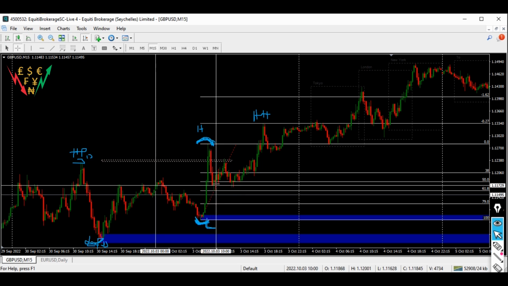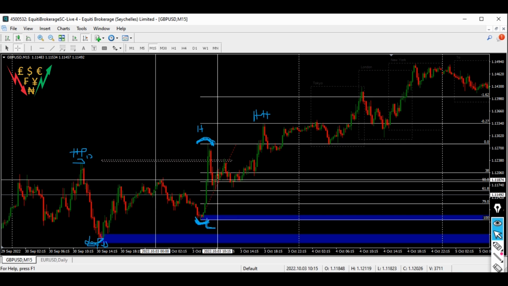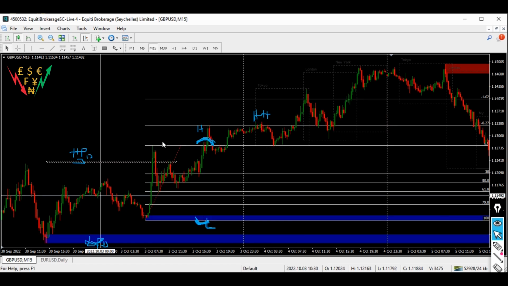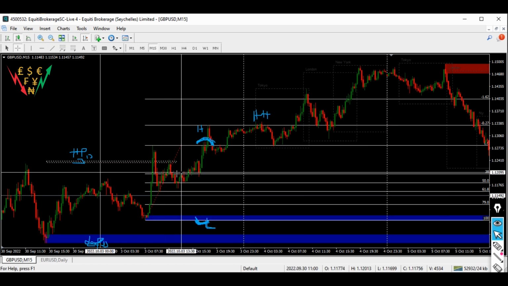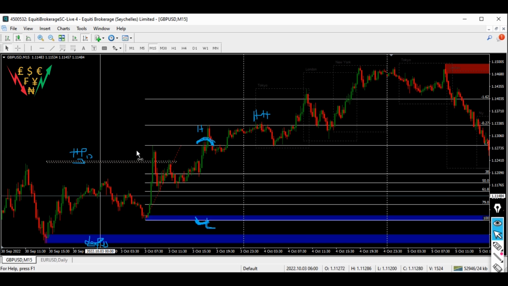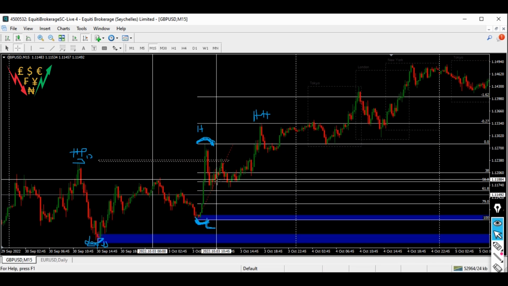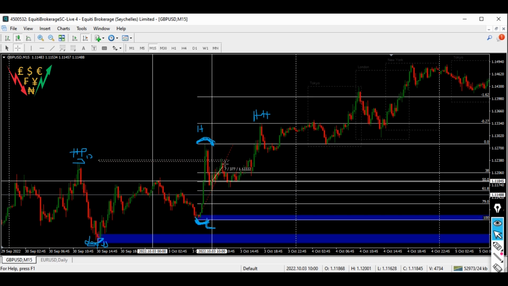So from this point right here, we've seen this move breaking to the upside, and you can see how the price moved from here. Let me move this to where it was, and you can see how the price moved from here. And if we are targeted here, perhaps maybe not gone to the minus 0.27 and all that.